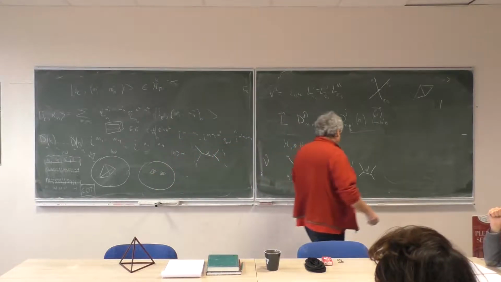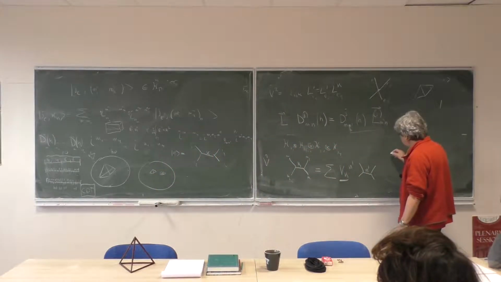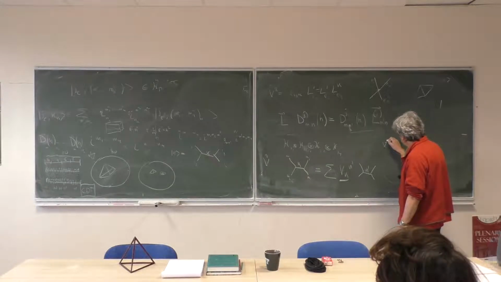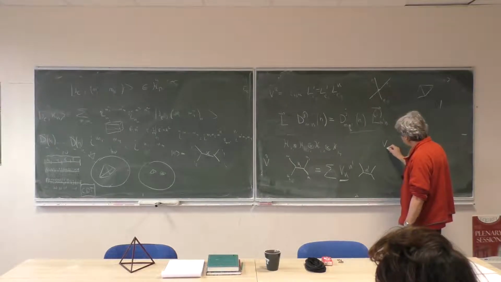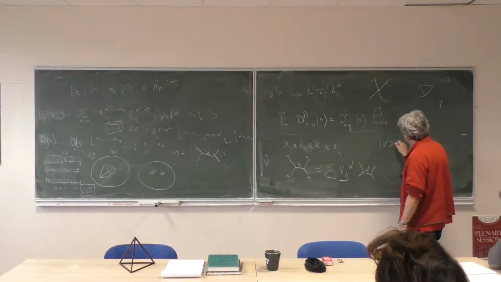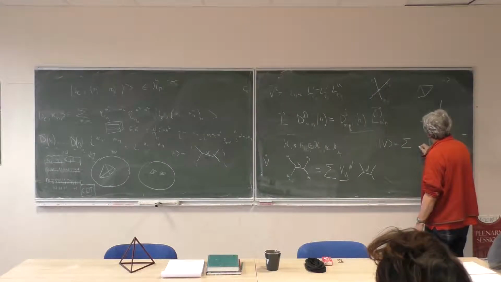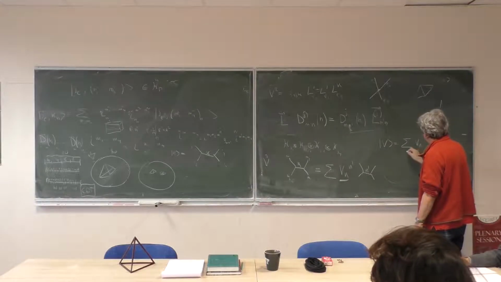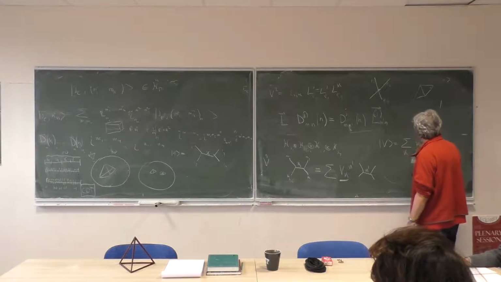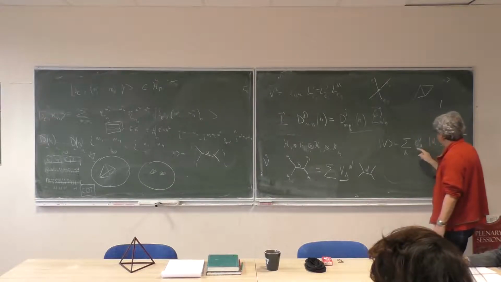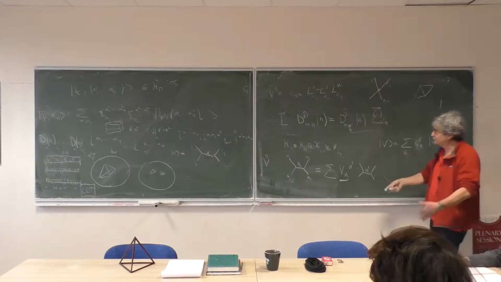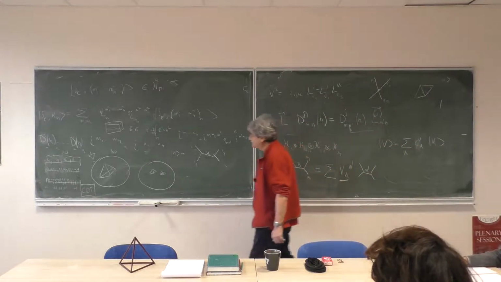But then, let's call the eigenvalue of the volume V. Then there are states |V>, which are just a linear combination of the states K, |V> = sum of c_VK |K>, where there are some coefficients that can be computed through this machinery.